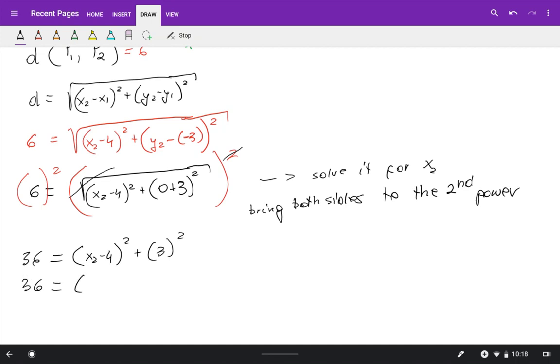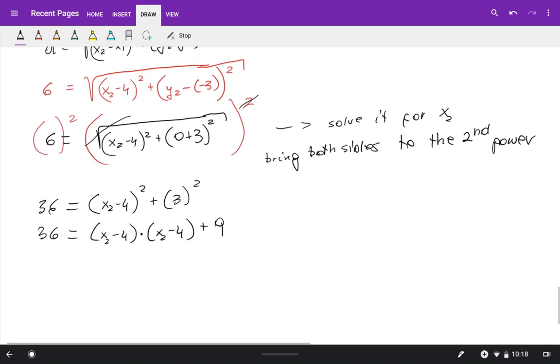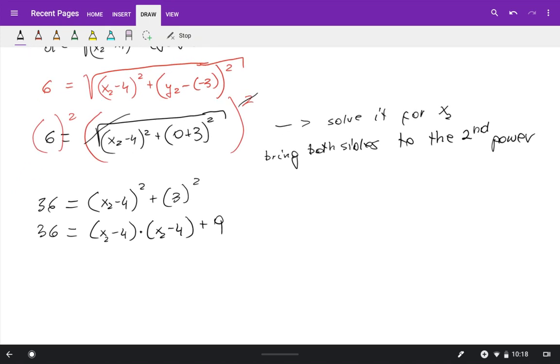So simplify: we have 36 equals, here you will have to FOIL, x2 minus 4 times x2 minus 4, plus 9. Don't forget that this x2 is just an index 2, it's not x squared. So we FOIL here.